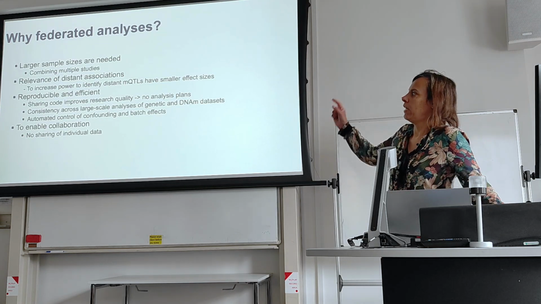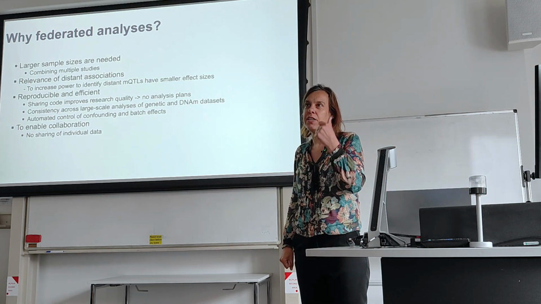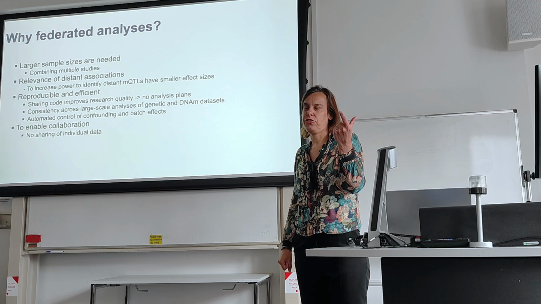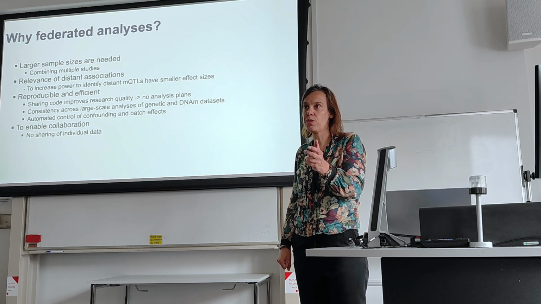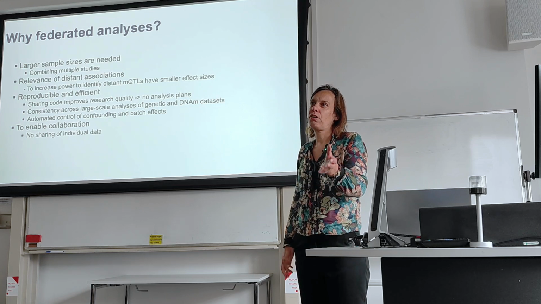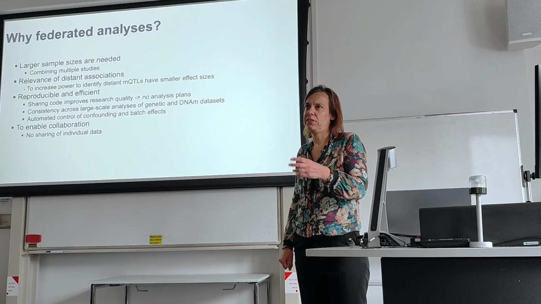Typically, the cohorts that we have have DNA methylation and genetic data measured on around 1,000 samples. In Bristol, we have a bit more, but there are lots of other cohorts around the UK and the world that also have these data sets.